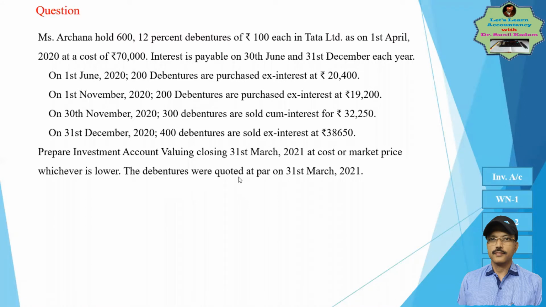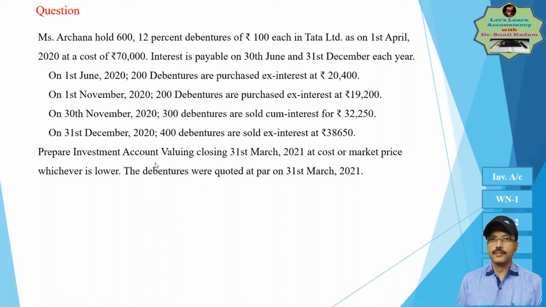The debentures were quoted at par on 31st March 2021. So in this sum, what is new? In the last sum, we learned a similar kind of sum, except the last part.